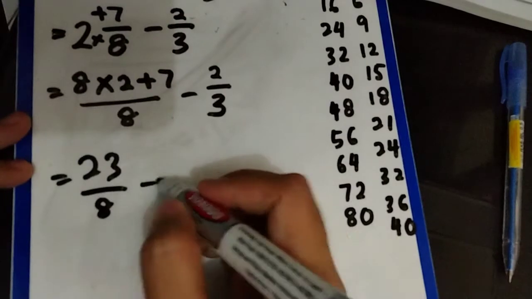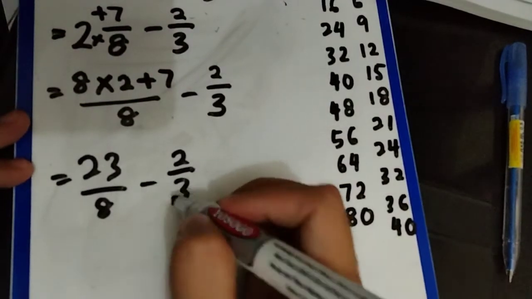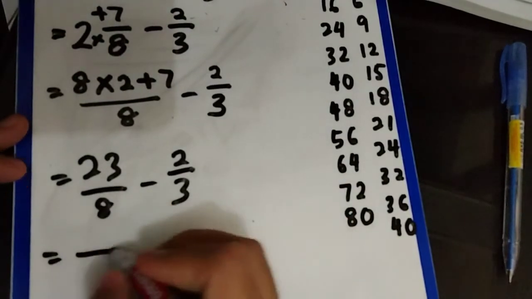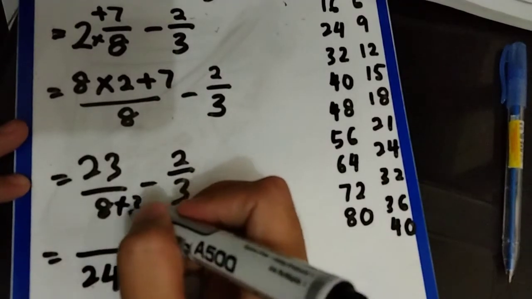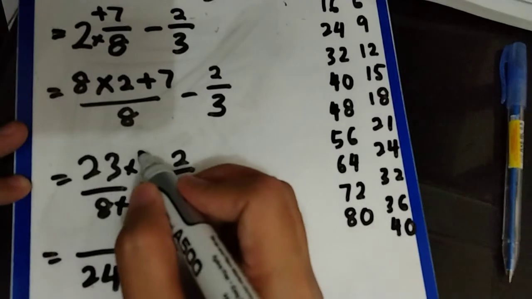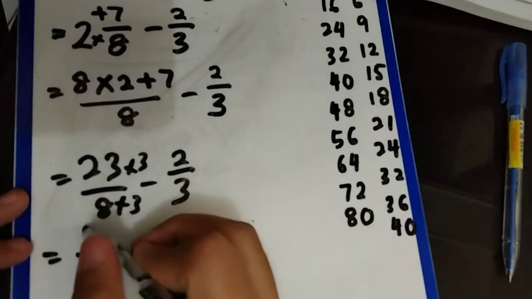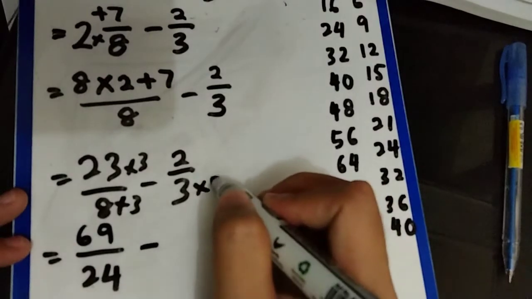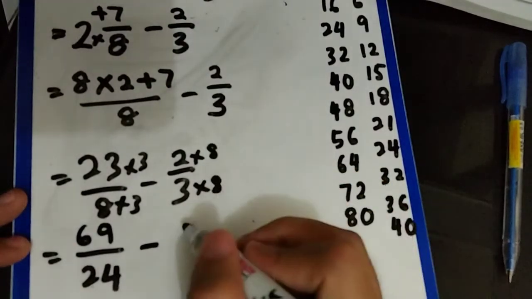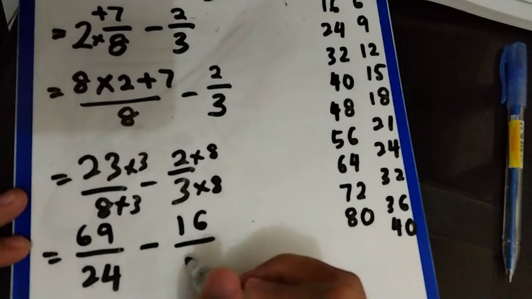7 over 8 minus 2 over 3. Look at the multiplication tables and you have to find 24. The next step is the same as before. It's just that the first step is different, but you may choose which method you understand more, and that will be good.